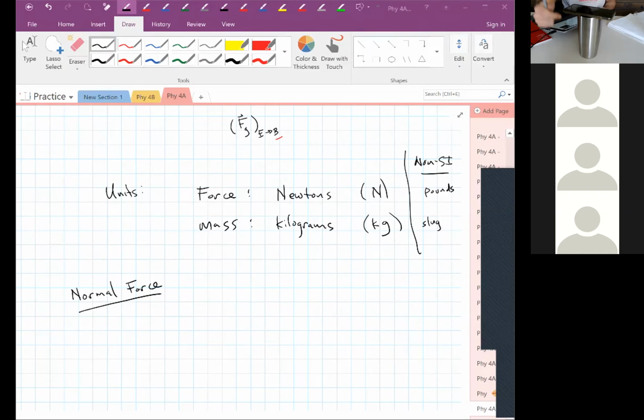The table is pushing back with a bigger force now. Now I'll add another object, my mouse. The normal force just got bigger again, right? So the normal force can change. It can react.